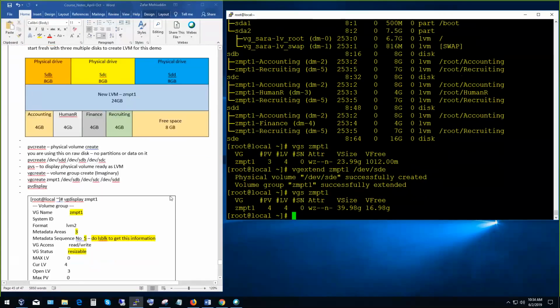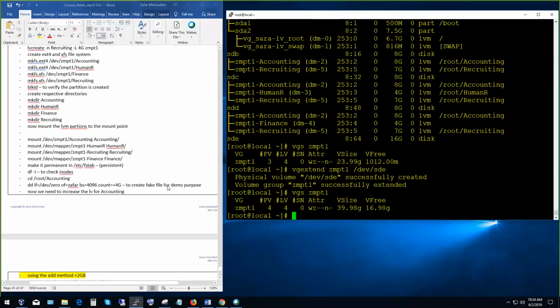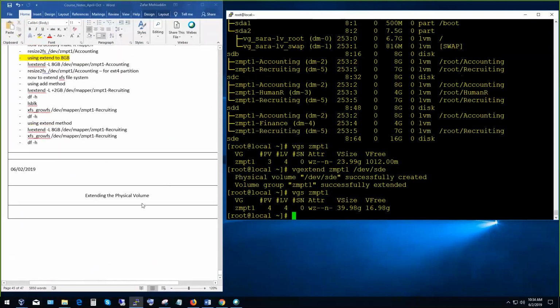So actually I skipped one step here. What you're supposed to be doing is, for the new disk, you're supposed to be doing pvcreate.